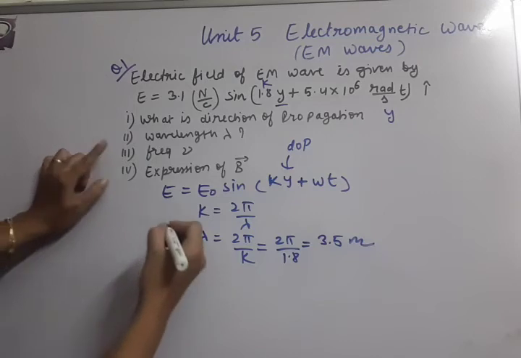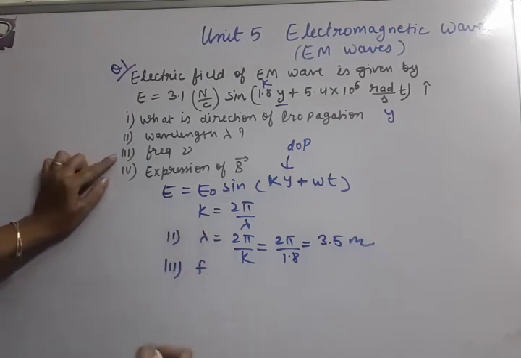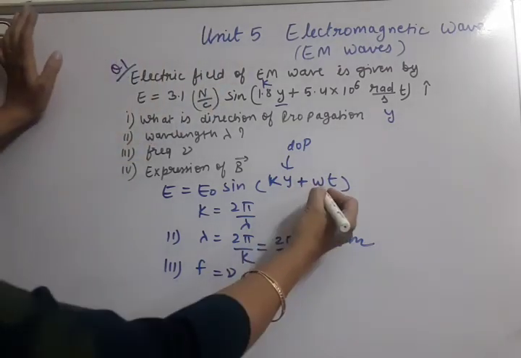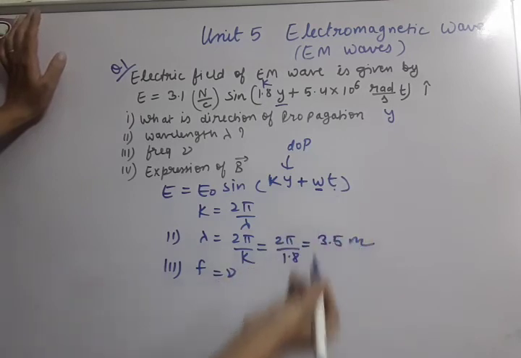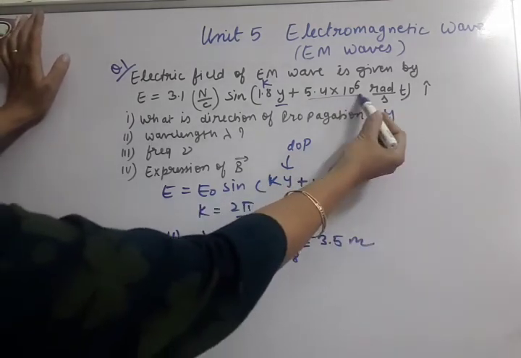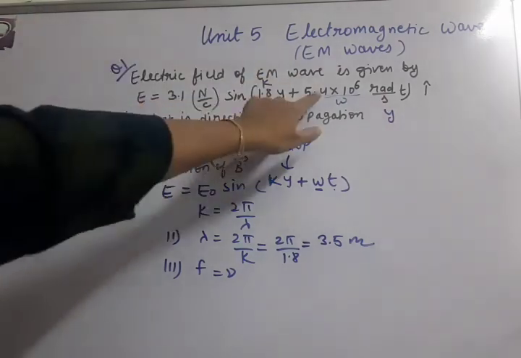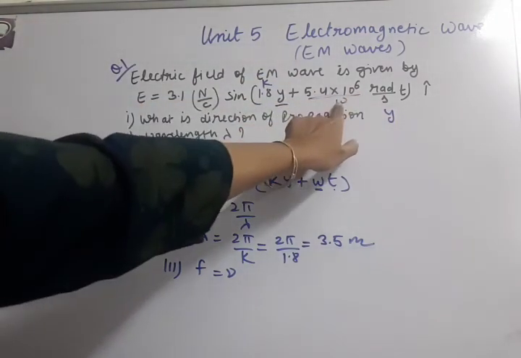Now third part, frequency. Frequency we can write f also or mu also. How to solve it? With the help of omega we can solve it. Omega is that term which is written with t. This is our omega, 5.4 into 10 raised to power 6 is omega.